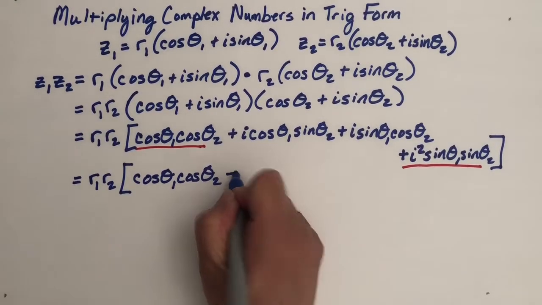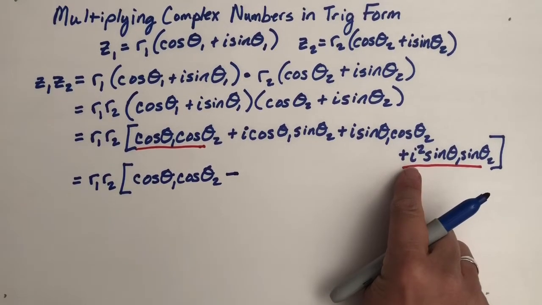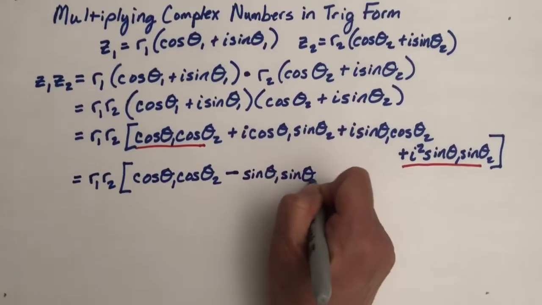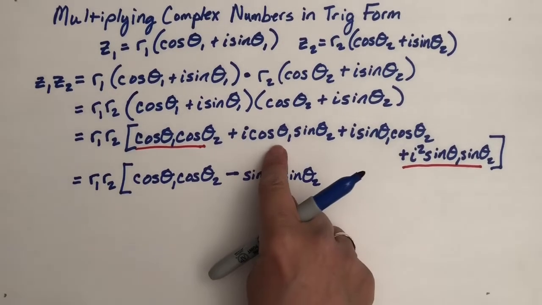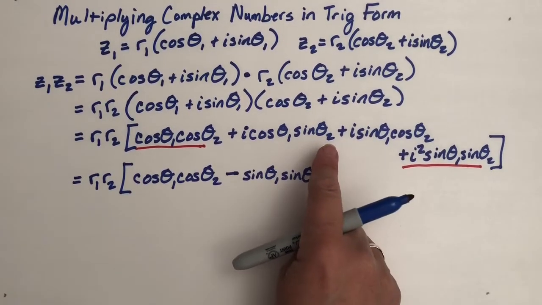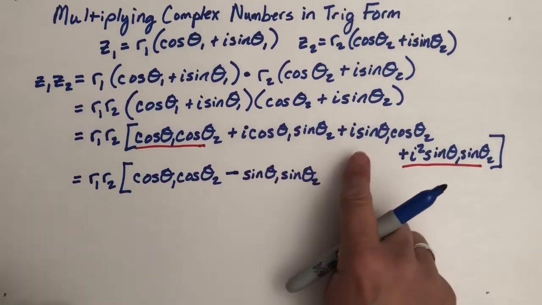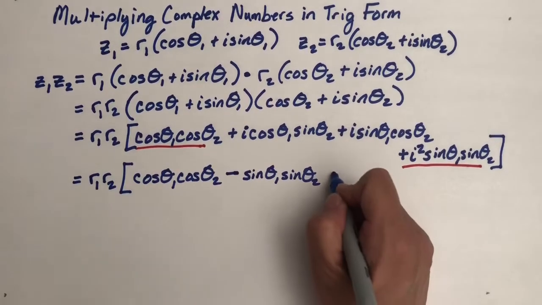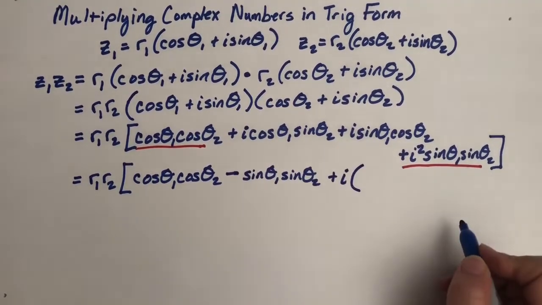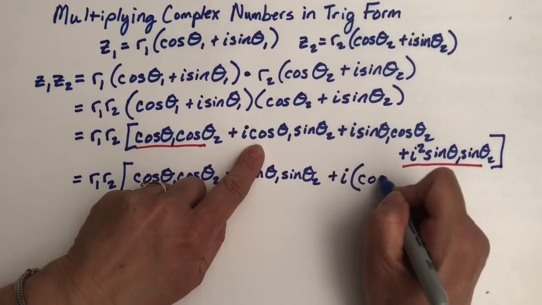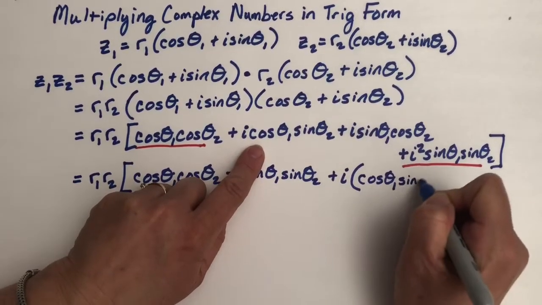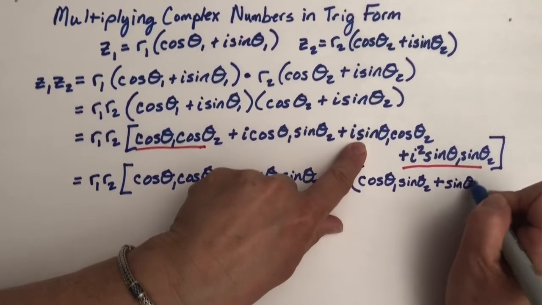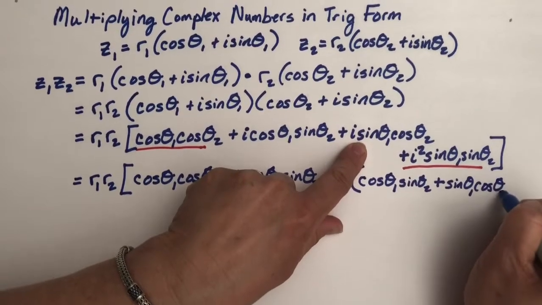So it's minus, because I'm replacing the i squared with negative 1, sine theta 1 sine theta 2. And now I have these two terms, and they'll come next. As I write them, I'm going to factor out the i. So I will have i times cosine theta 1 sine theta 2 plus sine theta 1 cosine theta 2.